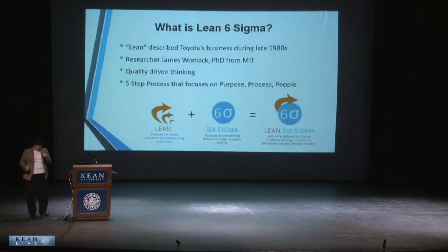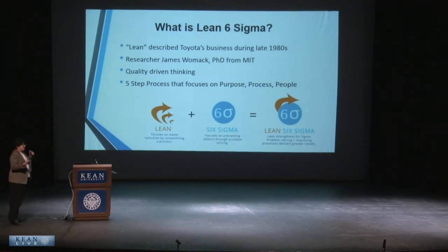All right. Now we're going to get into the good stuff. So this researcher, James Womack from MIT, worked with Toyota. And they were trying to figure out ways to increase revenue, maximize customer value, those sorts of things, objectives.